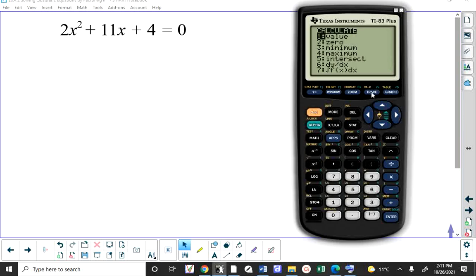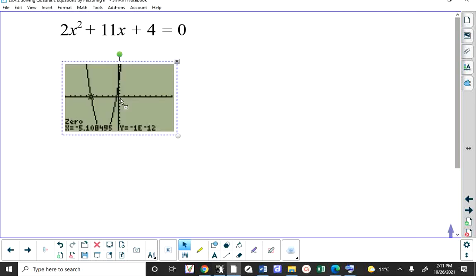So we go to the Calculate menu and choose 0, which is option number 2. Go to the left of the first x-intercept, hit Enter. Scroll a bit to the right, hit Enter, and we get this number.